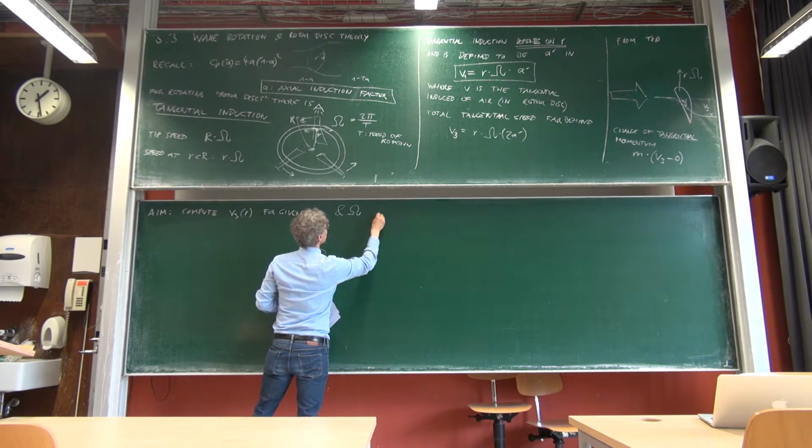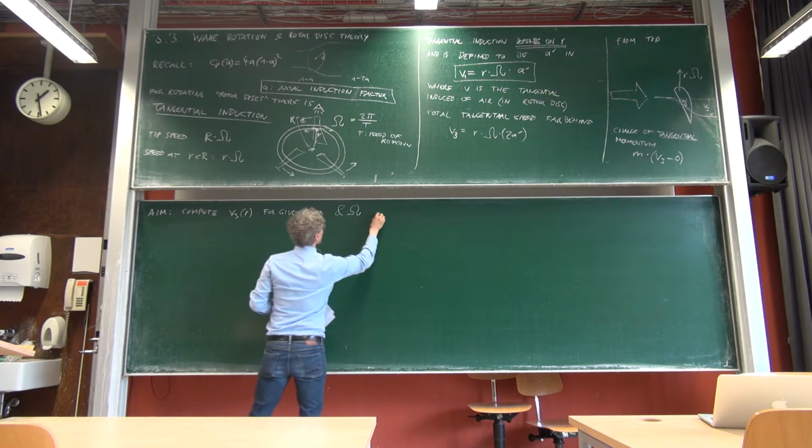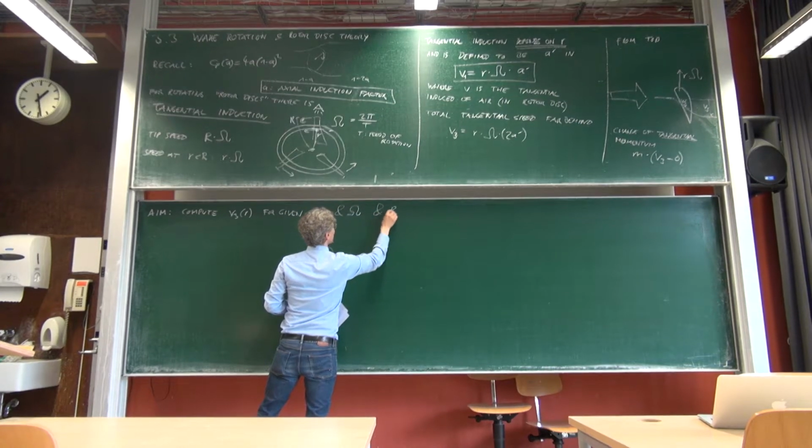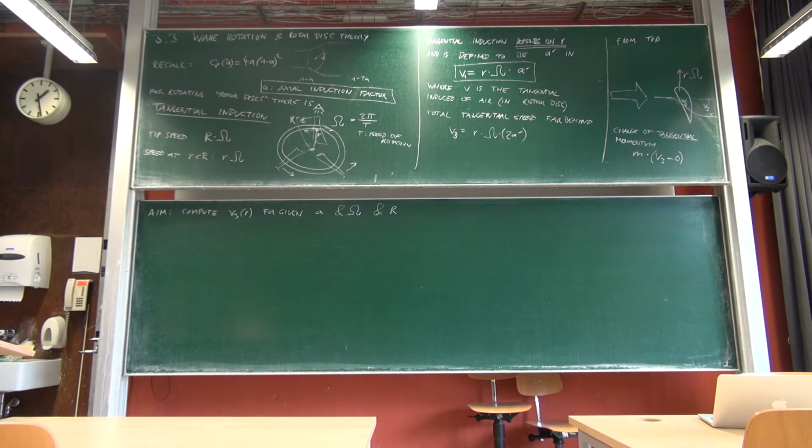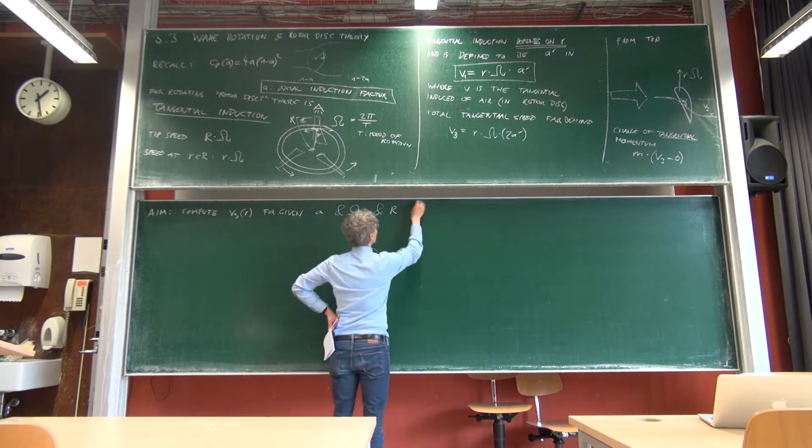And now I think I need to also give probably the big R. Yeah, otherwise I don't know what to refer to. And of course I also need to know U infinity.